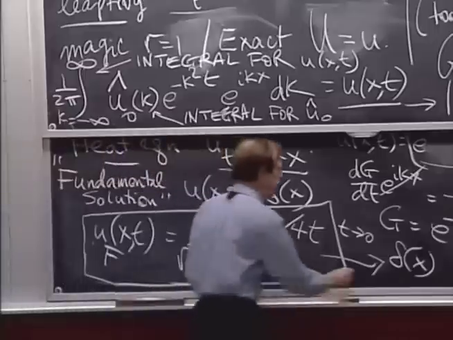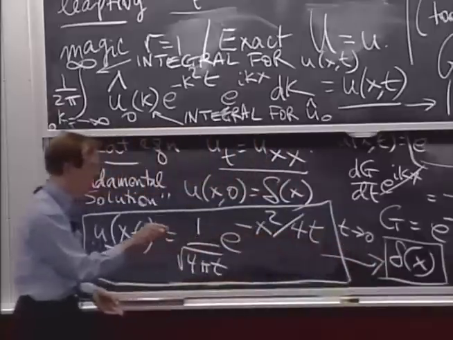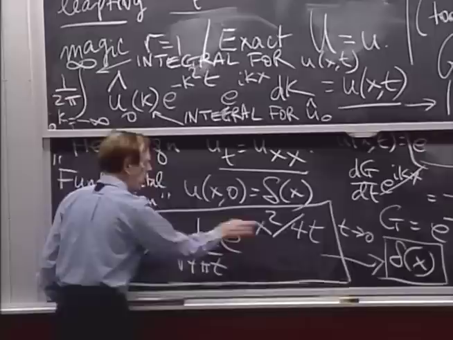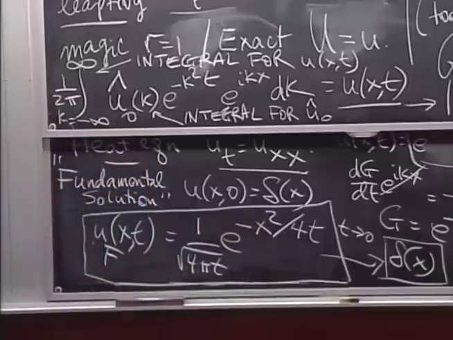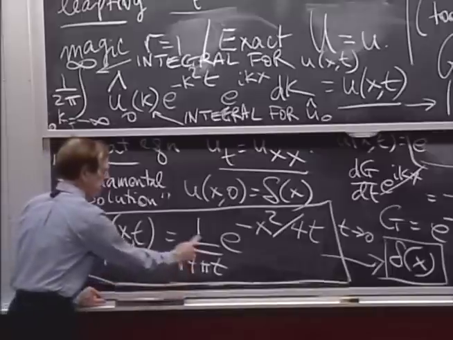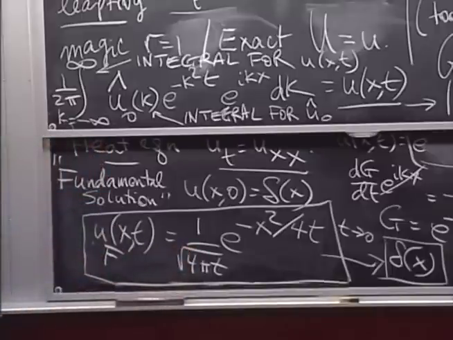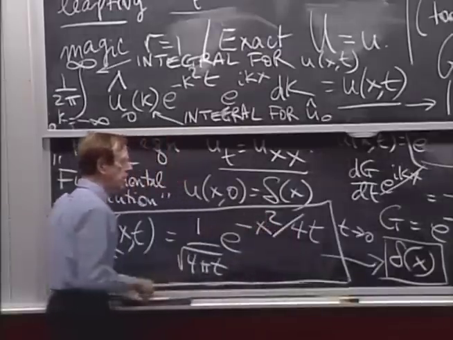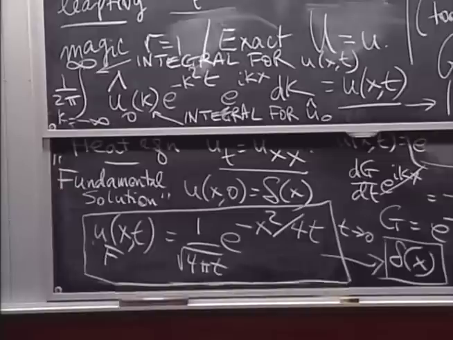The delta function, of course, is 0 away from the origin. So why does this approach 0 away from the origin? Suppose x is 1. Then, do you see this thing going to 0 as t goes to 0? Look what's happening. As t goes to 0, this part is blowing up, but kind of weakly. That's not a disastrous blow-up. Compared to this e to the minus 1 over 4t, as t goes to 0, that's e to a very negative exponent.